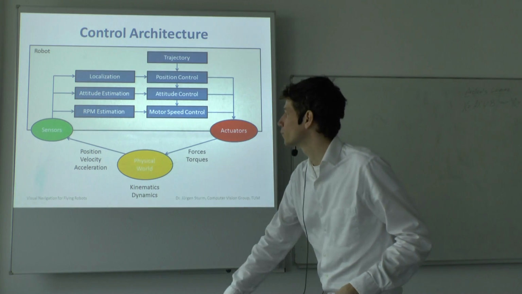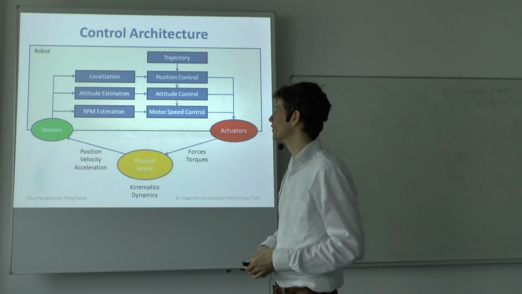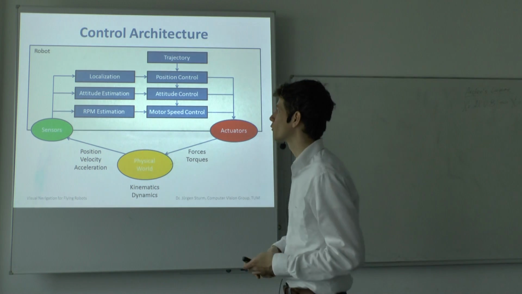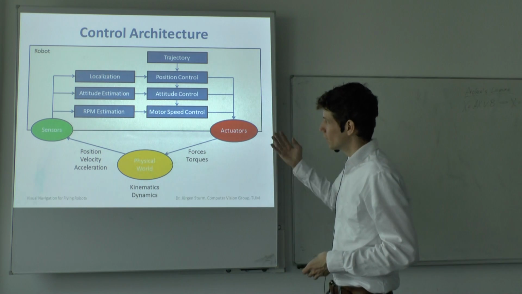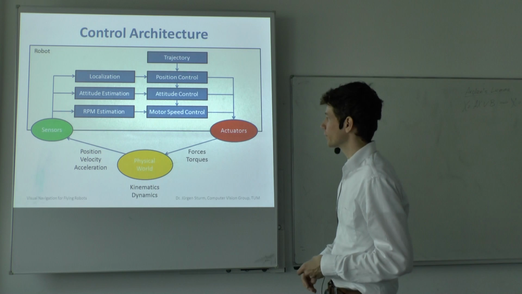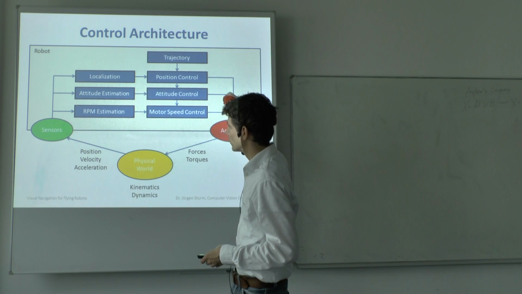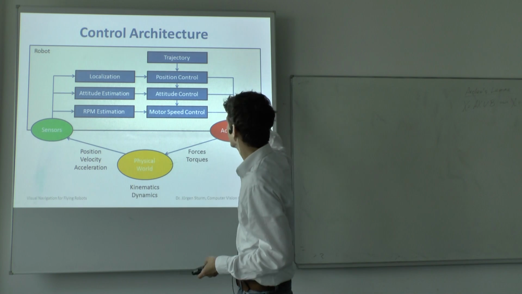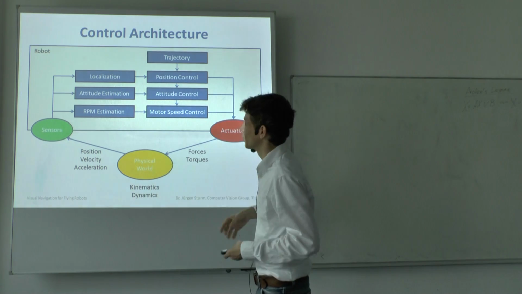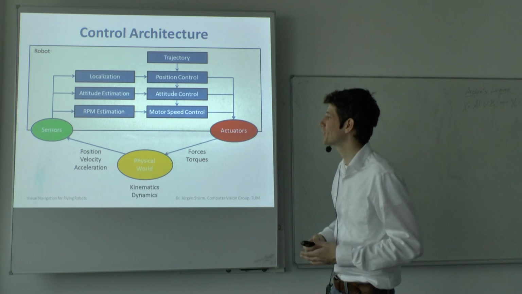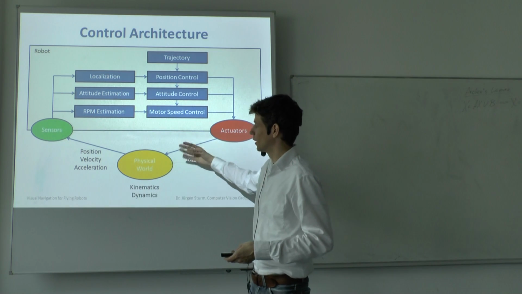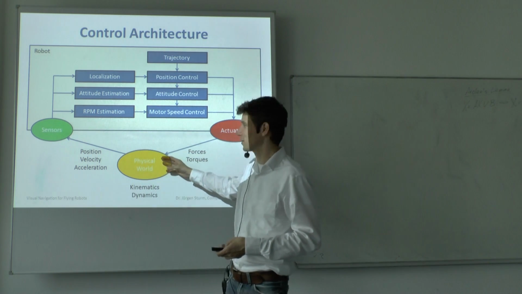To give you the big overview picture on the architecture that you usually have on a robot, it can look like this. For example, you have the robot, which is composed of several modules, you could say, and the physical world in which the robot is.